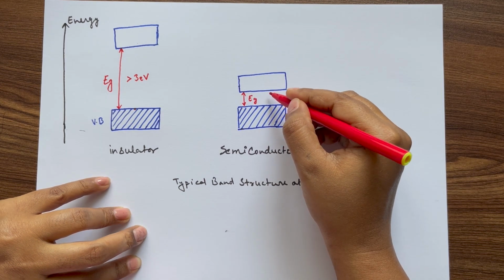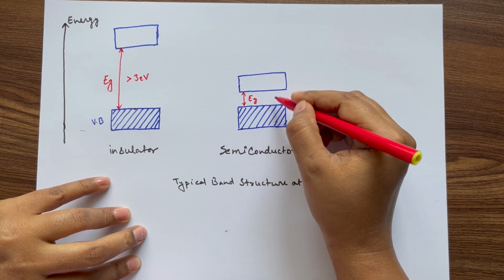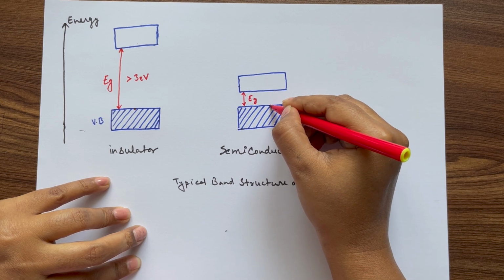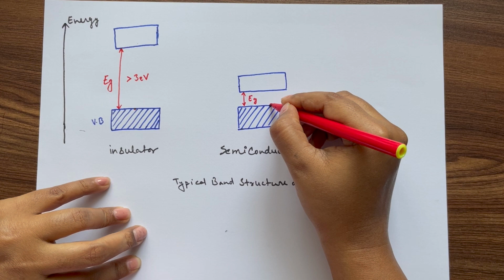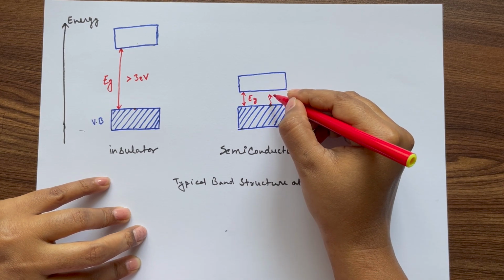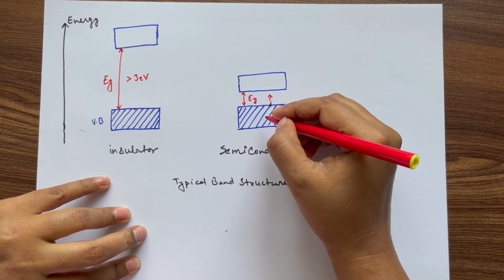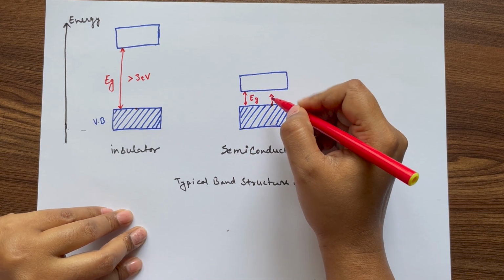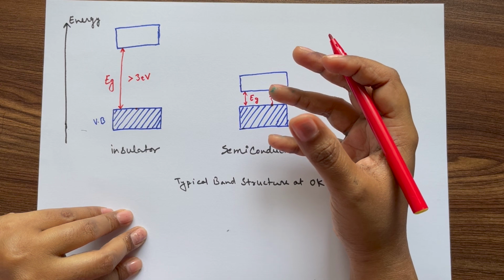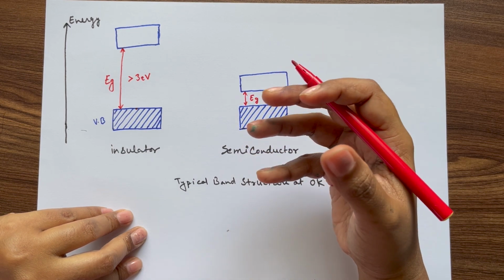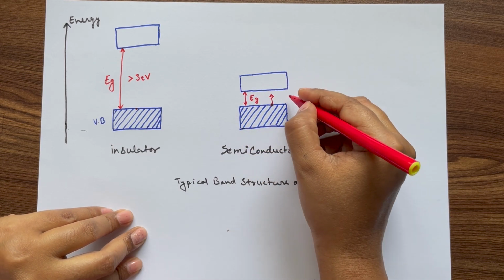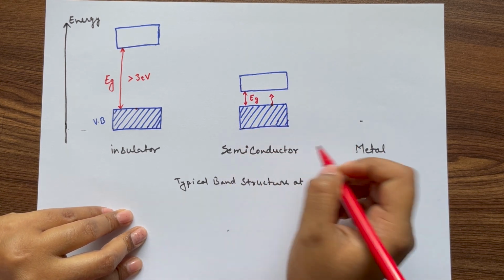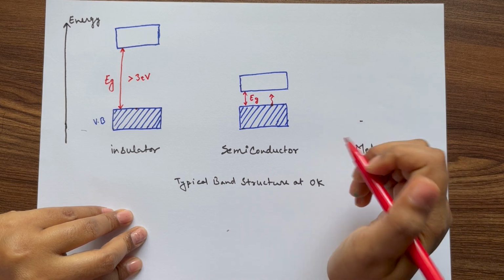This relatively small band gap of the semiconductor allows for excitation of electrons from the valence band to the conduction band by reasonable amount of thermal energy or the optical energy. That is why even a slight increase in thermal energy, that is slight increase in temperature or the optical illumination, causes semiconductor to act like a conductor.